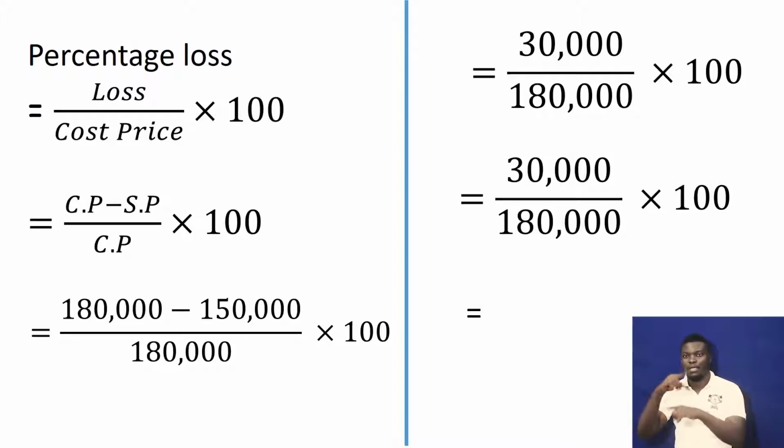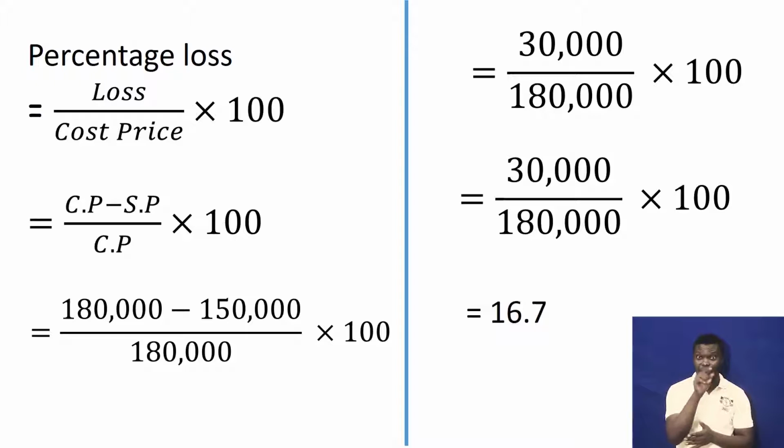And that will give us 3 divided by 18 multiplied by 100, which is 16.7%. Therefore, the percentage loss is 16.7%.